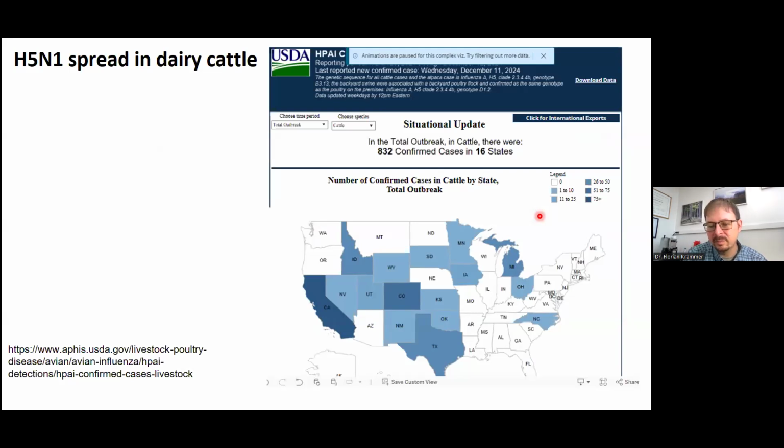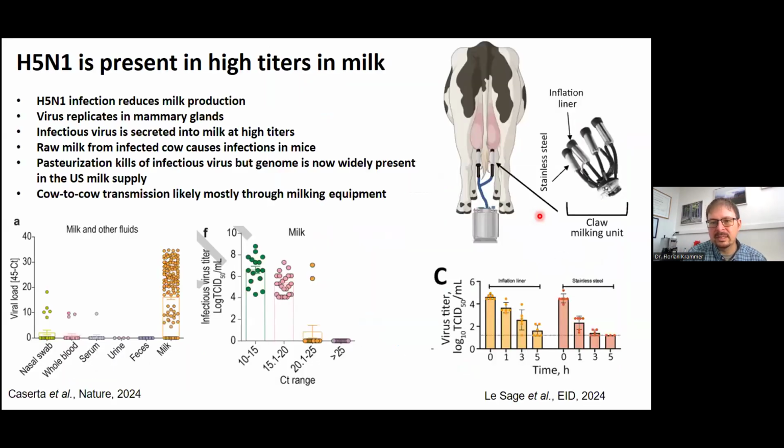And for a long time, people were struggling to understand how this spread until it was really investigated how this could spread, specifically without a lot of respiratory disease. But it turned out that there's a lot of virus that's secreted in milk. And so basically, the cows get infected through contaminated milking equipment. The virus replicates in the mammary glands to very high titers.